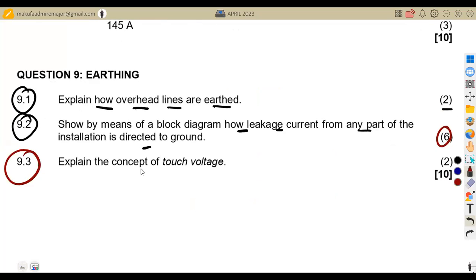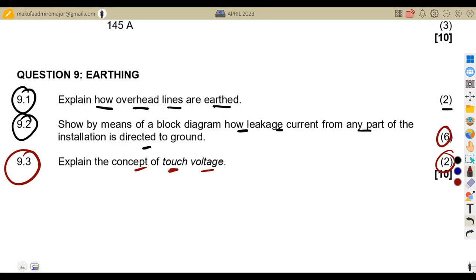9.2, explain the concept of touch voltage. How is it applied in this case? This is simply taken from the shock hazard concept.